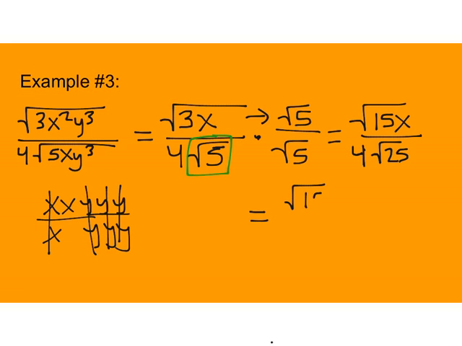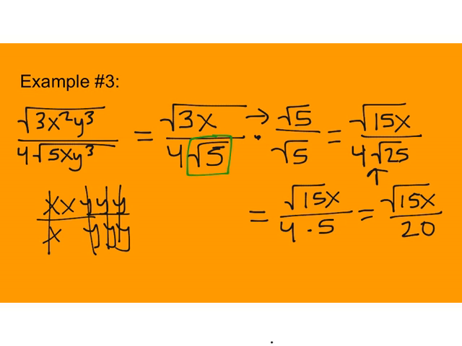So we have the square root of 15x, this 4 stays the same, times 5, and you just multiply those. The operation between them is multiplication. And 4 times 5 is 20. We are unable to simplify the 15 and 20 because the 20 is outside the radical and the 15 is inside the radical. So this is my final irrational solution.